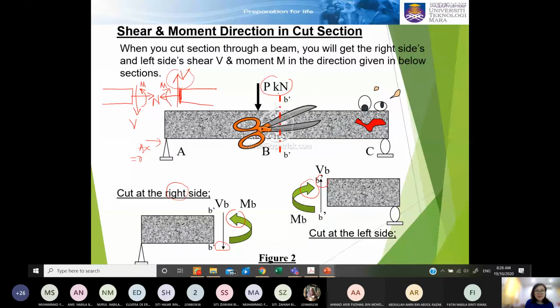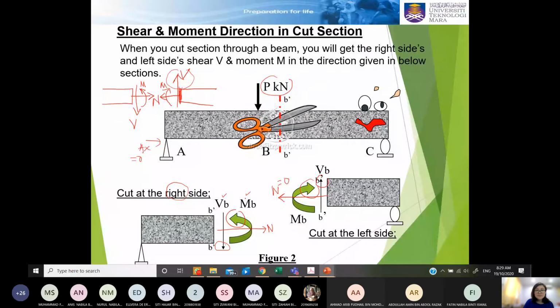Unless this P kilonewton is diagonal, then there will be a horizontal component and there will be axial force. In the correct way, you should also have an axial force, but now it can be taken out because we know that this is equal to zero, and the intention now is to solve the shear and the bending moment.